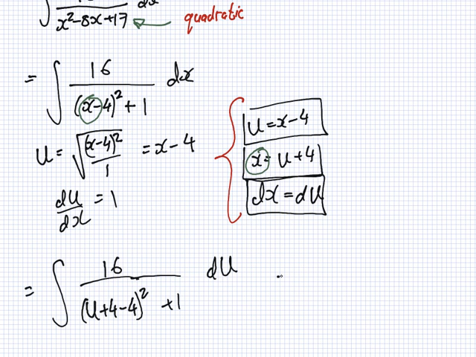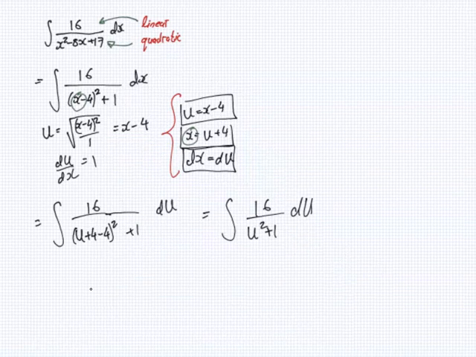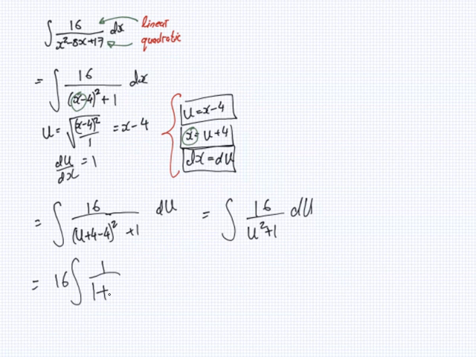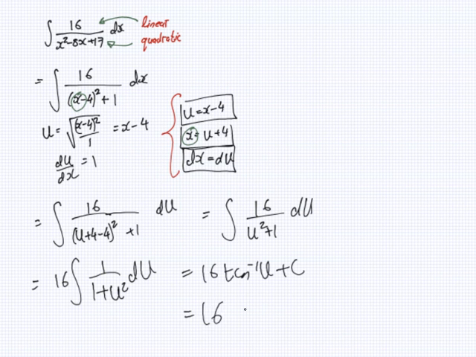And now that's going to make this 16 over u squared plus 1. Now it's a lot nicer, isn't it? So now it's just 16 times the integral of 1 over 1 plus u squared du, which is 16 tan inverse u plus c, which is 16 tan inverse (x minus 4) plus c.